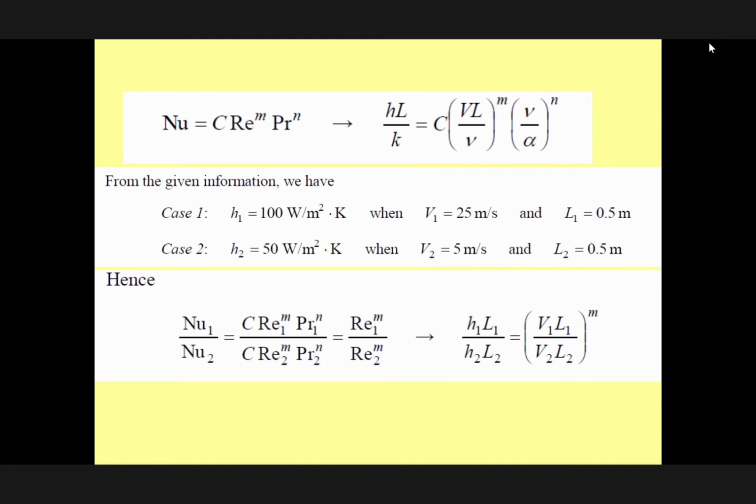Could you please find out the value of the M? Give me a number, please.